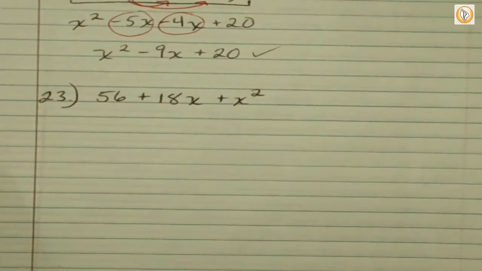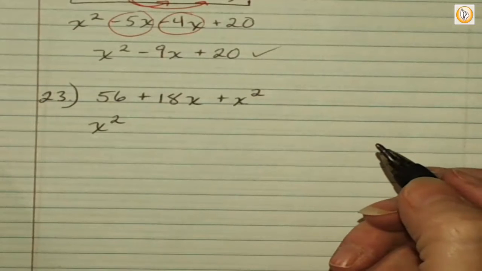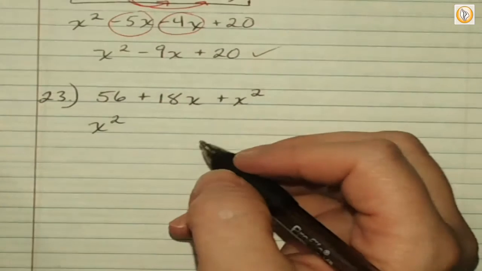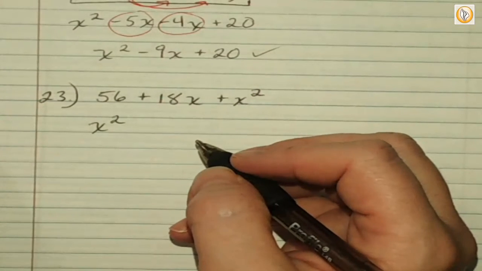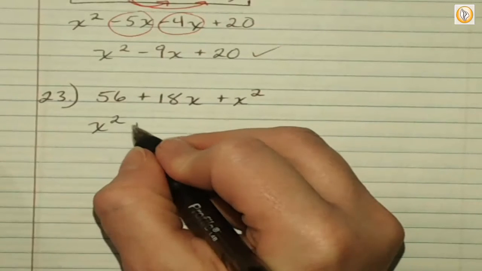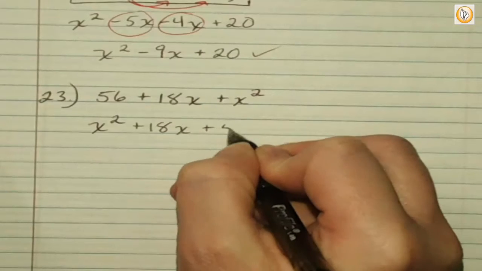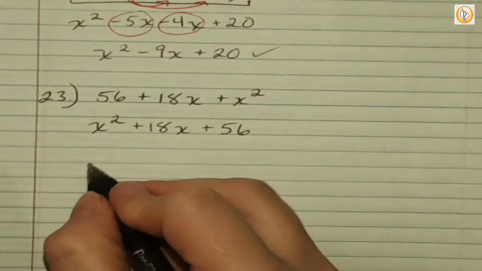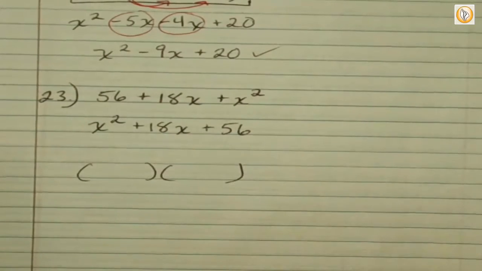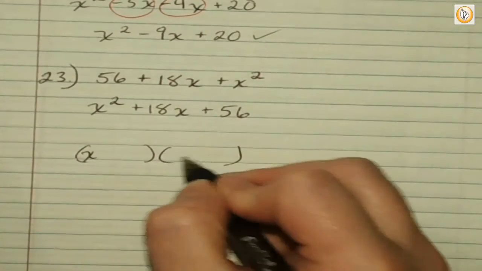And then what do I do? What goes next? I got 18x. There you go. You're so smart, Keith. All right, 2 parentheses. We know already that x is going to go here.